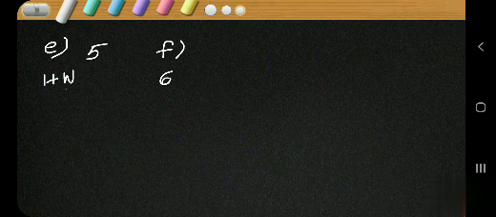The question is 6. Okay, F is homework. Question is 6. G also homework. The question is 11. Try to write down the first 5 multiples of these numbers.